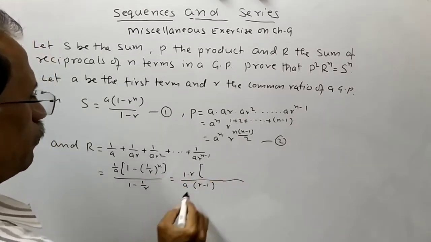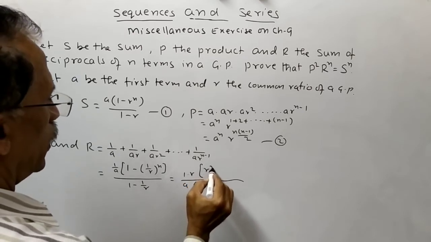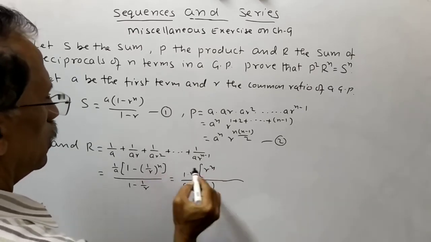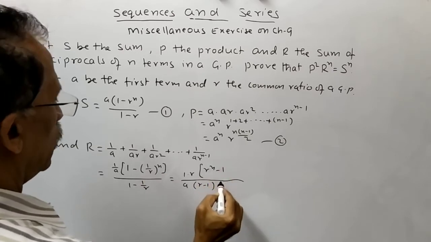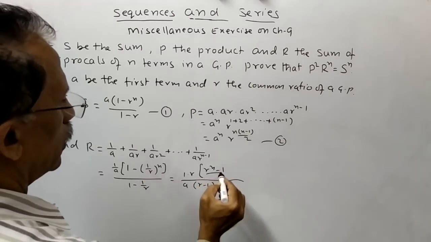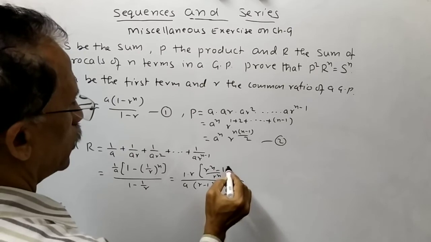Here we can simplify: R raised to the power n minus 1 divided by R raised to the power n.